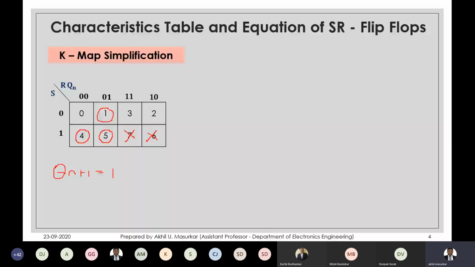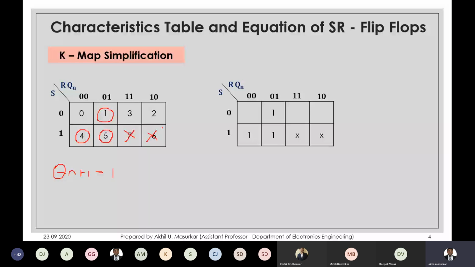So now can you tell me Qn plus 1 in terms of S and R? We have here one quad and here we have one pair. The quad will give me S, because here S is 1, and this vertical pair is going to be R bar and Qn.